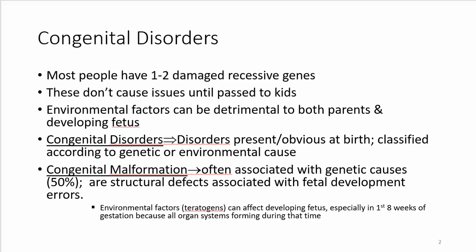Now, there is a problem, and that is that most of the fundamental structure of the organ systems happens in the first 8 weeks of fetal development, and oftentimes people don't even know that they're pregnant until near the end of the first trimester. So they can be exposed to a lot of these factors when they don't even know that they're pregnant.